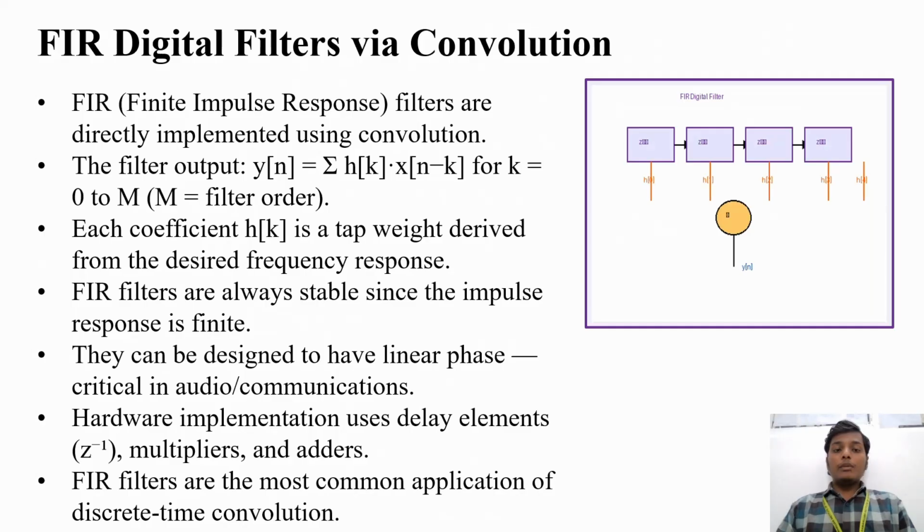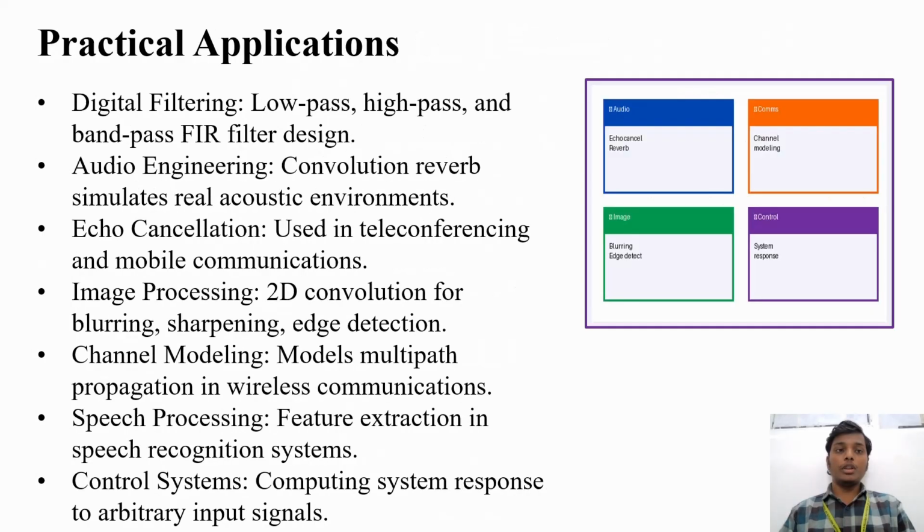FIR filters are always stable since the impulse response is finite. They can be designed to have linear phase, critical in audio or communications. Hardware implementation uses delay elements z inverse, multipliers and adders. FIR filters are the most common application of discrete-time convolution.